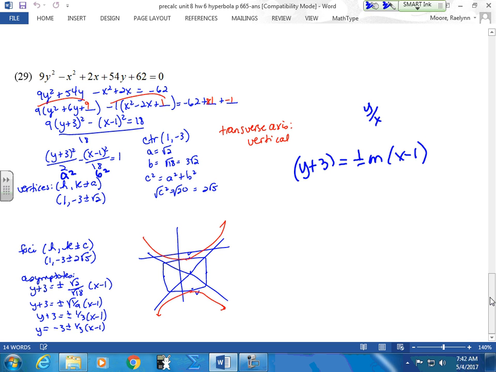Y over X. It's the square root of your Y denominator, square root of your X denominator. So my Y denominator is 2. So I start like this. Radical 2. My X denominator is radical 18. So now, if I put this under 1 radical, this reduces to 1 over 9.